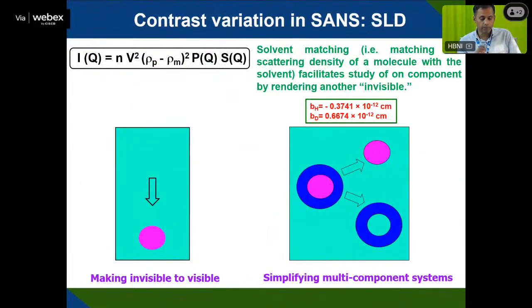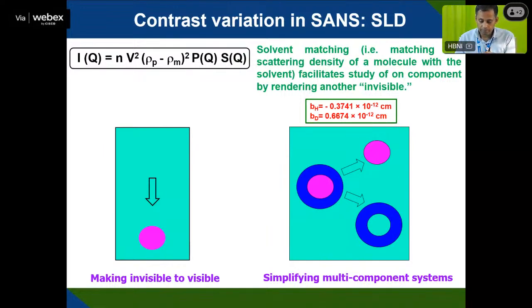You can see the example here of contrast variation, the solvent matching technique, matching the scattering density of the molecule with that of the solvent, like making something go from invisible to visible. The solvent is here in green color, and in pink color you have a particle or vesicles.